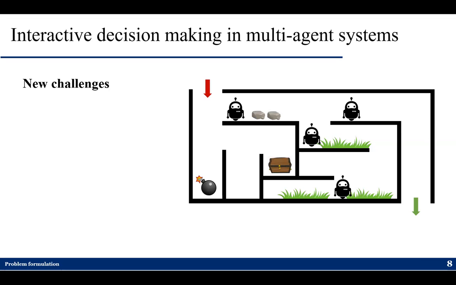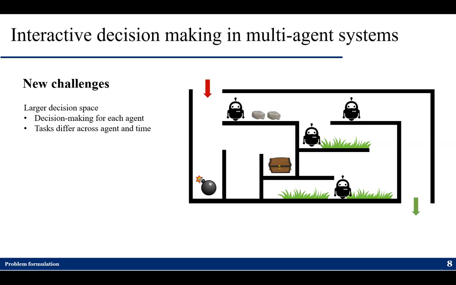So on top of the challenges of this exploration to find the optimal decision, for multi-agent systems, we also have some additional challenges. The first challenge is that the decision space is now much larger than in the single agent setting. Using this super simple illustrative example, we have multiple robots trying to navigate this maze to find the treasure.